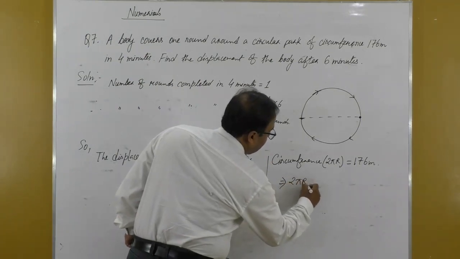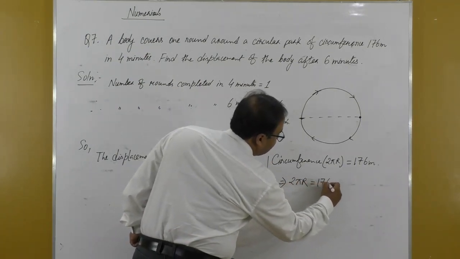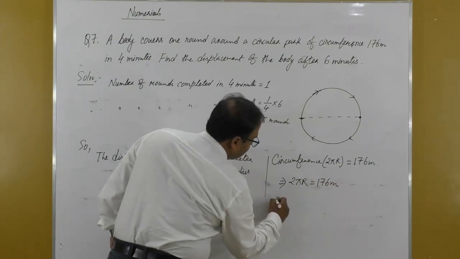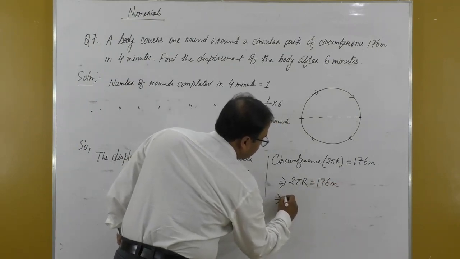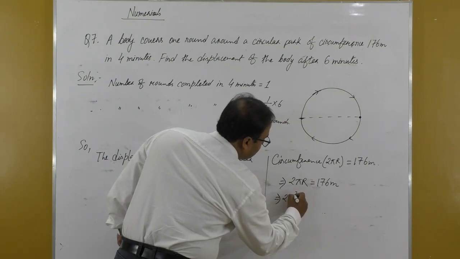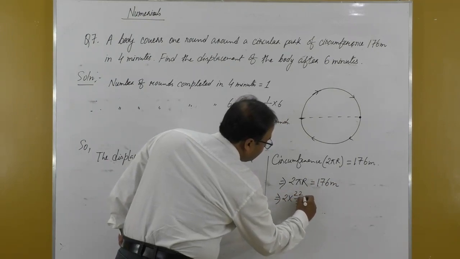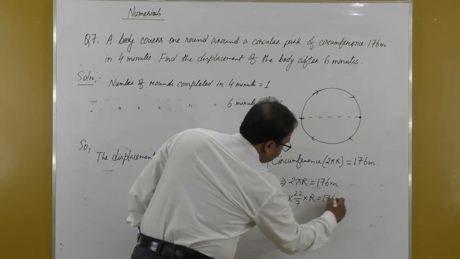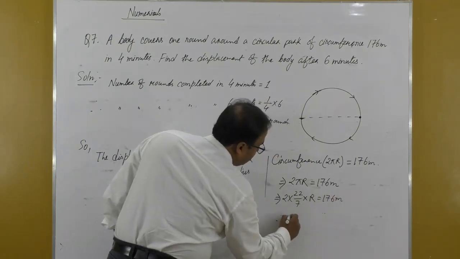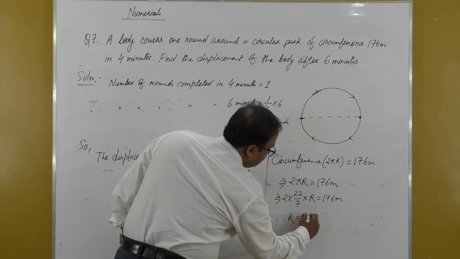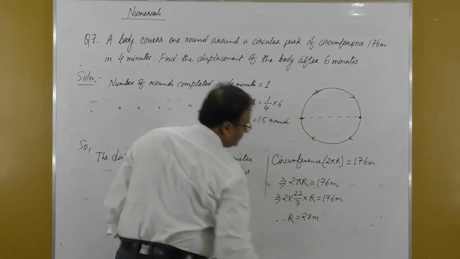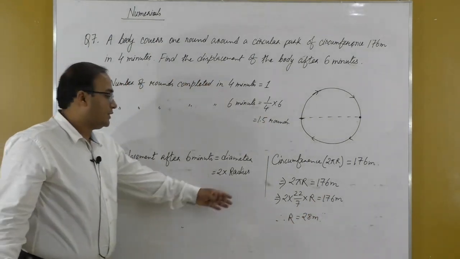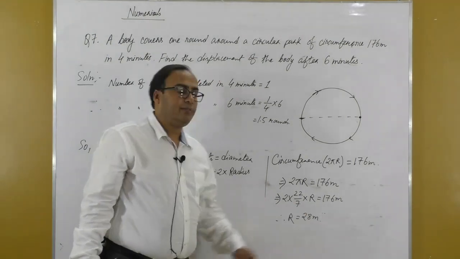2 pi r is equal to 176 meter. So 2 into 22 by 7 into r equals 176 meter. If you solve for r, you will get 28 meter. So the radius is 28 meter.